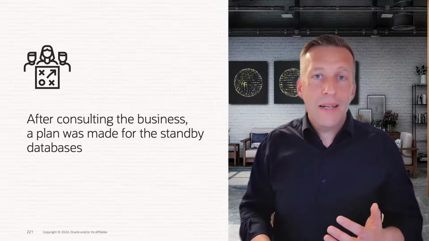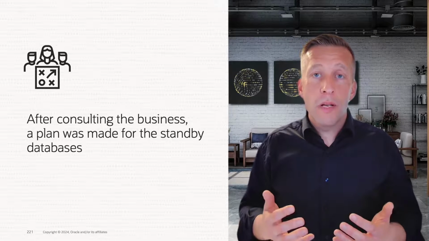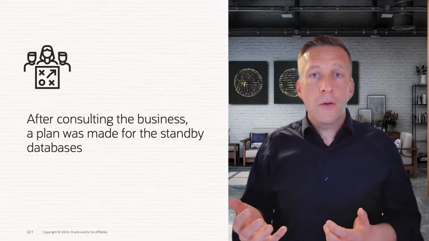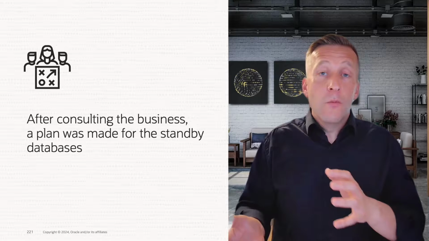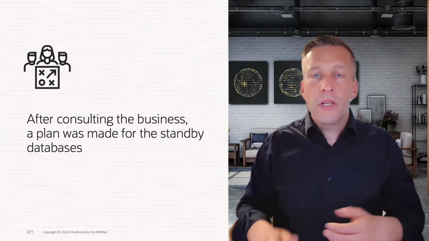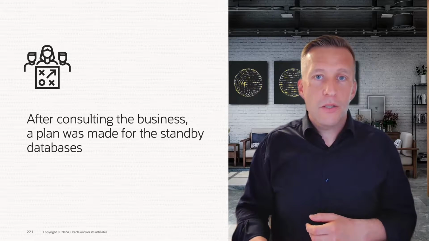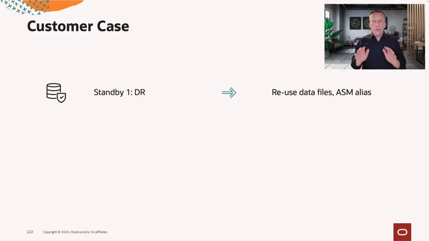They could immediately see that such a migration would be really complex, so they worked together with their business, trying to come up with a middle point. How can we reduce complexity, and what do we need to do with these standby databases? Of course, they were not willing to compromise the integrity of their database. So one of their DR databases, the main disaster recovery database, they bring that along with ASM aliases and reusing the data files.